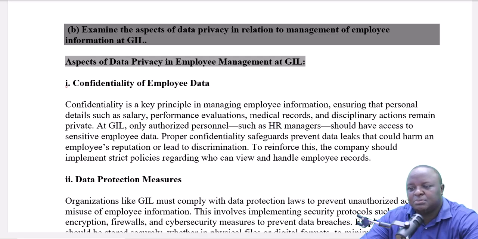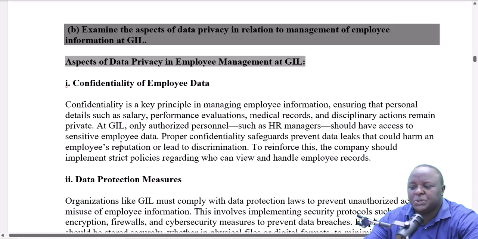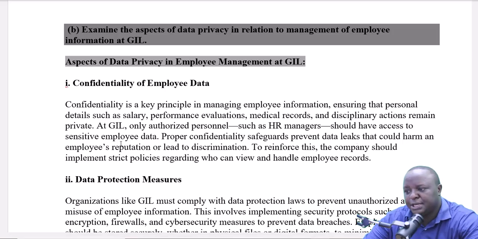The case that Robert Alai is saying he has access or proof of preaches the principle of confidentiality in an agreement. So in the same way, it is a very crucial aspect when it comes to data privacy in employee management.